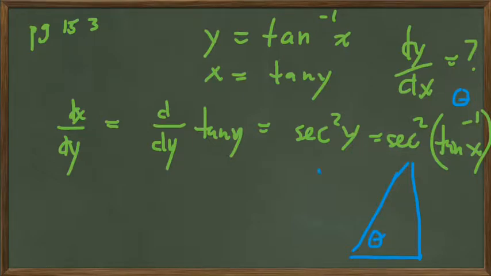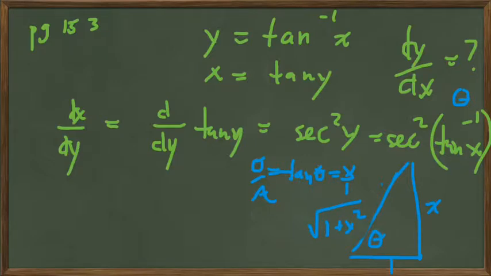So tangent of theta equals x, and tangent of theta is the opposite over the adjacent. So if we fill that in, the opposite is x, the adjacent is 1, and this side of the triangle by the Pythagorean theorem would be the square root of 1 plus x squared.